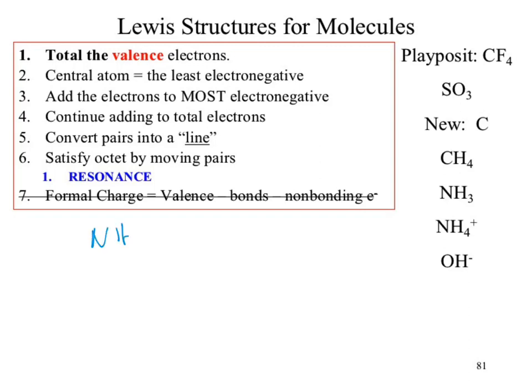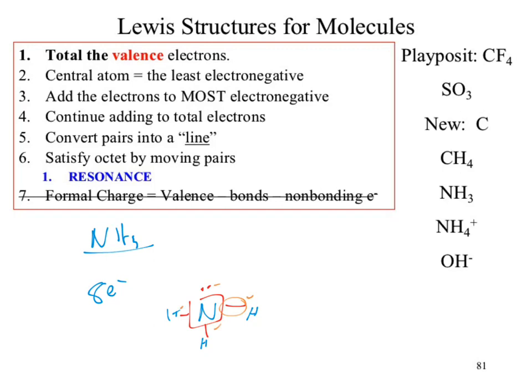NH3. We're going to get 8 electrons, trust me. Hydrogen, hydrogen, hydrogen. 2, 4, 6, 8. Bond, bond, bond. Are there electrons? Yep. 4 groups of electrons.